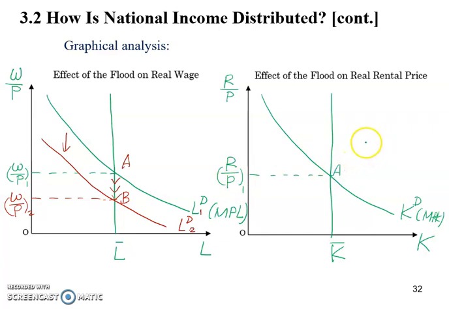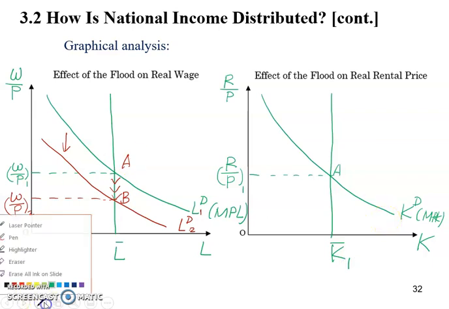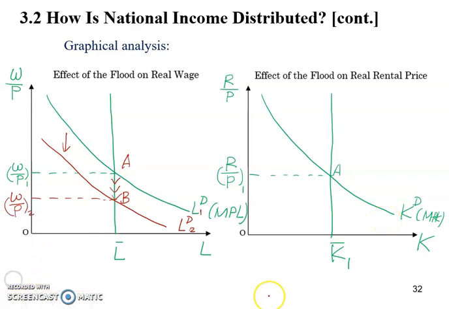Now, because of the flooding, we find the quantity of capital decreases. So here we're supposed to end up with a lower input of capital. So if this is K1 bar, okay, then we're going to use a different color for the effect of the flood.